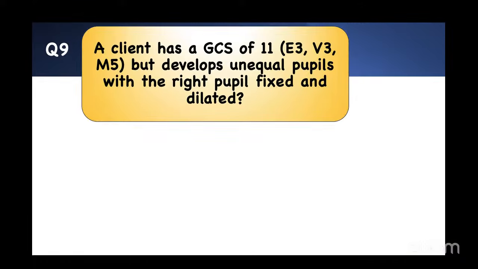Now, I know by now you're warming up. Now it's getting tough. This is a clinical application. Neurological questions. If you need more, I have videos on neurological, on how to identify these kinds of problems. The client has a GCS of 11, a mild head injury. All of a sudden, they have unequal pupils with the right pupil fixed and dilated.